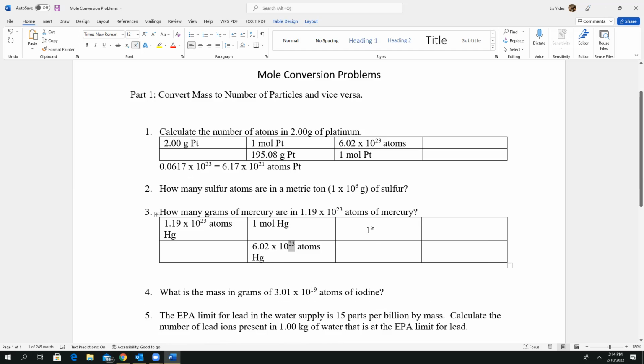And then now we need to know how much 1 mole of mercury weighs. For that, you need your periodic table. According to it, it's 200.59 grams of mercury per mole of mercury. All right, and there you go.